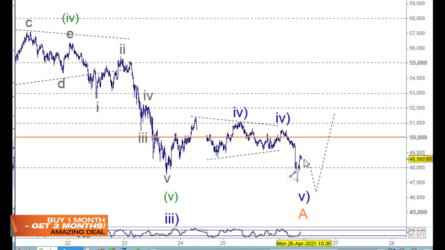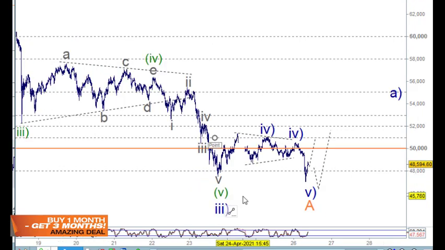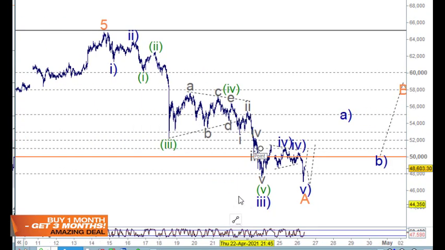Otherwise, we'll just kind of continue to sort of rally from this point here for this. But as far as I can see, I think that this 1, 2, 3, 4, and 5 is pretty close to being finished at this point, and then we can look for that rally.